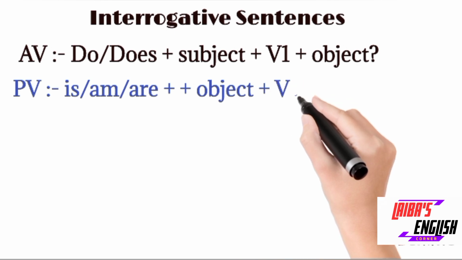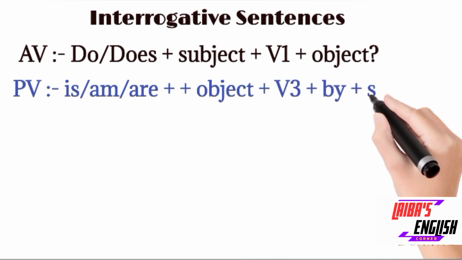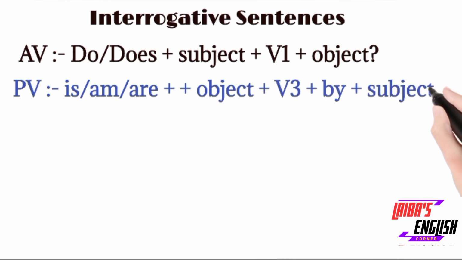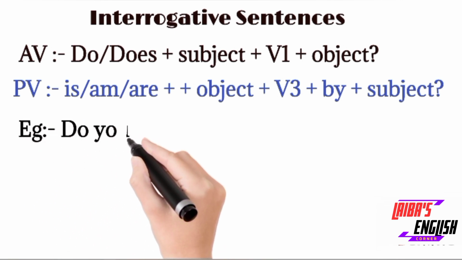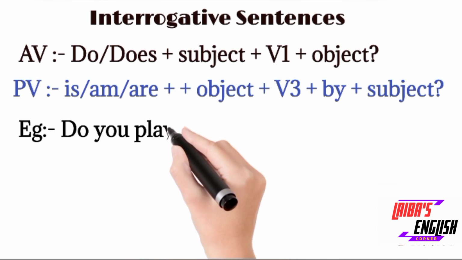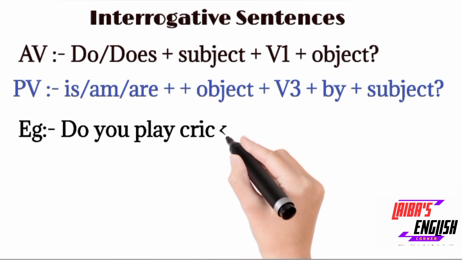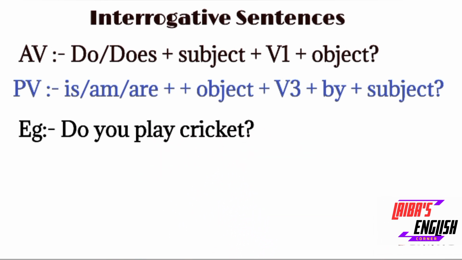Because whenever we are going to make interrogative sentences, interrogative meaning question mark, in question sentences we will not change the subject with the object. We will start with the helping verb, because when we are asking a question, the helping verb will come in the start. So is/am/are plus object plus third form of verb plus by plus subject, question mark at the end.